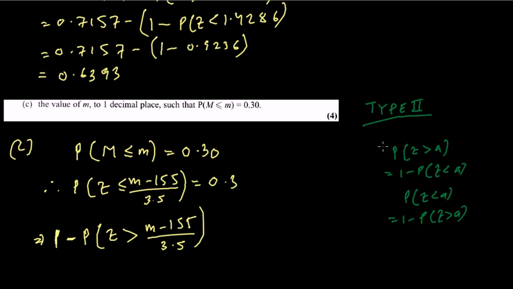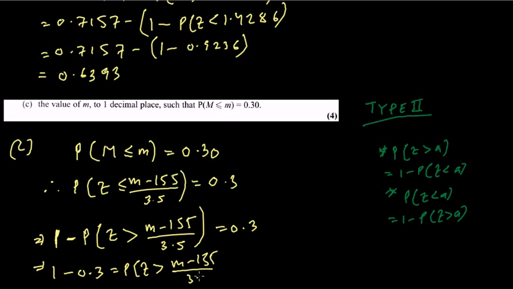Either way this is correct; convert it into another format. For this particular sum, this was less than, so I wrote 1 minus this, and this is 0.3. Now if I send this to that side, it is 1 minus 0.3. This is probability of z is greater than m minus 155 divided by 3.5.